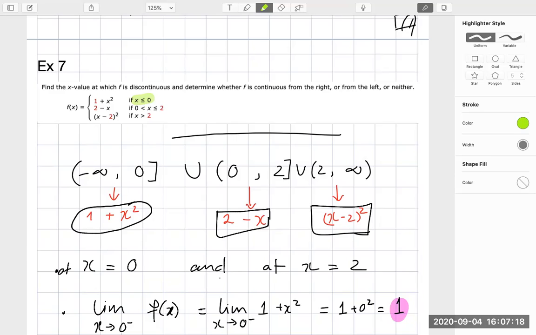So it is not continuous from the right in the second range at x is equal to 0. But it is continuous from the left at x is equal to 2 of the second range, right? Okay, and that's it.